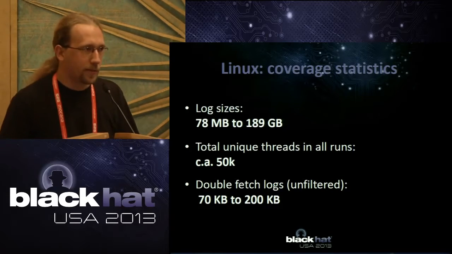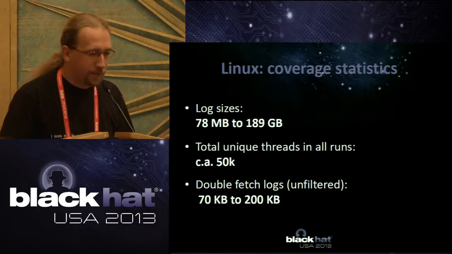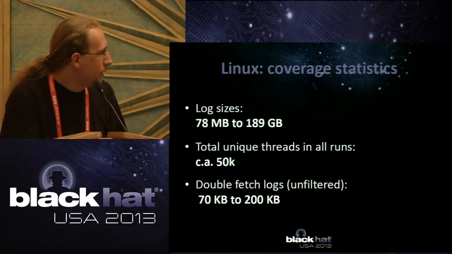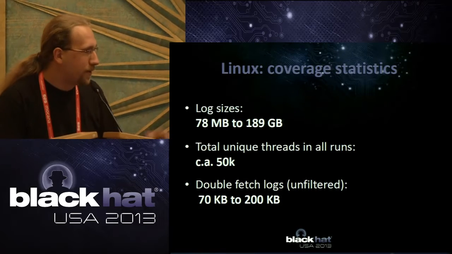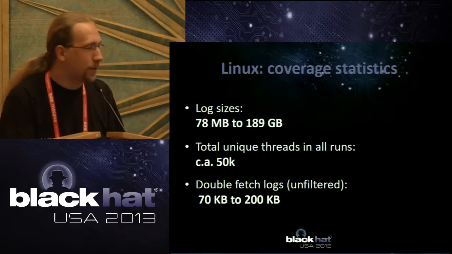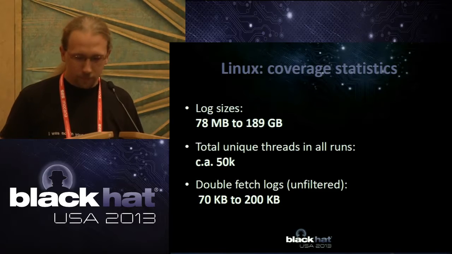Actually, quite a lot of terabytes went to storing just the logs. There were about 50,000 unique threads run during this research, and the output filtered logs, the double fetch logs, were up to 200 kilobytes of text data about double fetches.